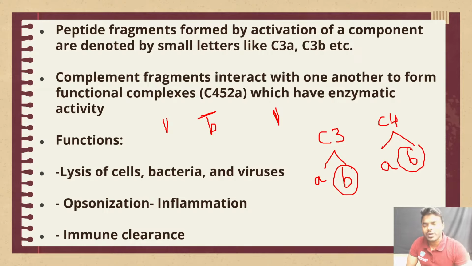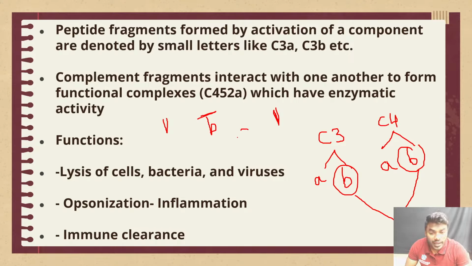So what I want you to understand, friends, is that whenever two complement molecules are joining with each other, they will always join with the help of the larger part only. Always remember this particular point. But there is an exception.